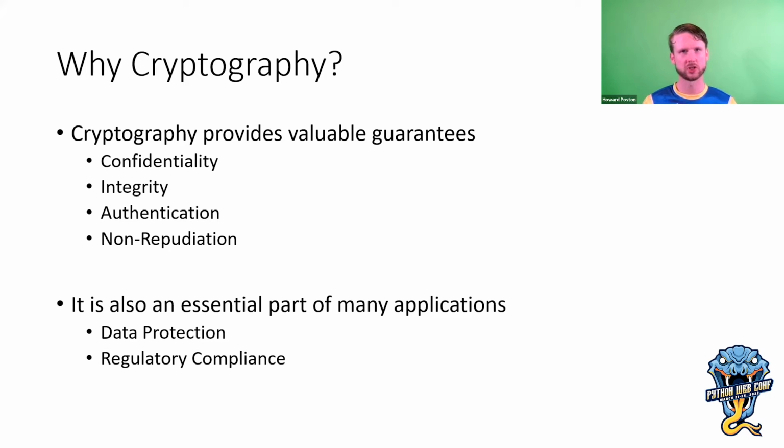And so in addition to all of these benefits, cryptography also has certain requirements that make it an essential part of many applications. For example, we need to protect certain types of data, both due to internal and external pressures. Corporate policy probably states somewhere that they want to protect intellectual property, sensitive data of their customers, et cetera.